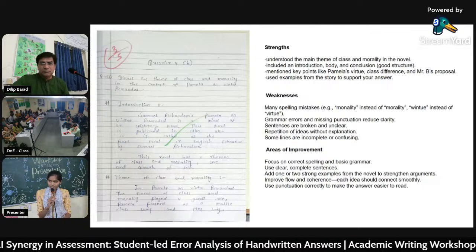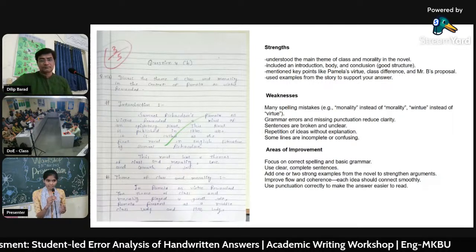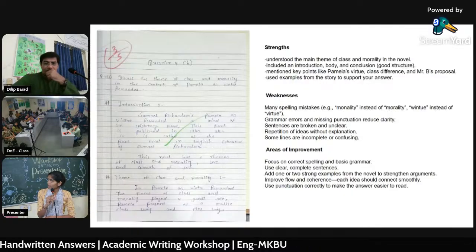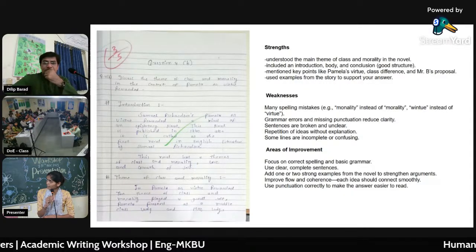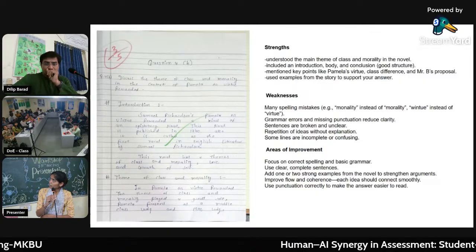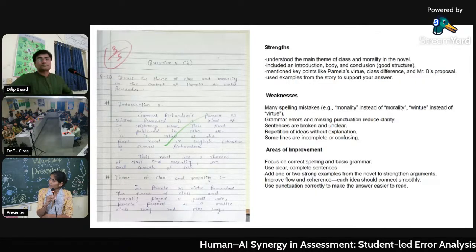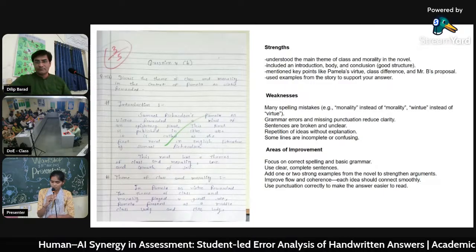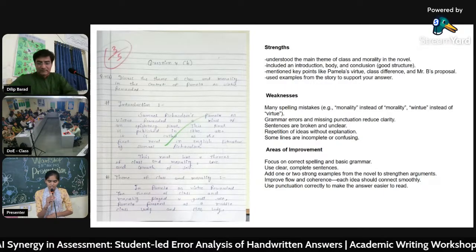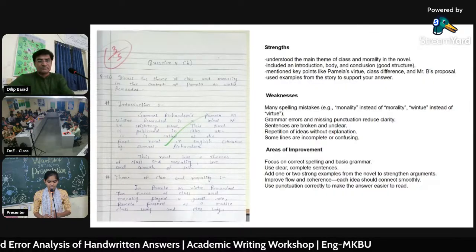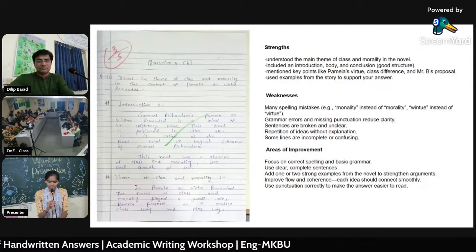So I had made mistakes in many spelling errors and also grammar errors and missing punctuation, and my strength is that I understand the main theme of class and morality and include an introduction, body, and conclusion. So this will help me write more effective answers in my next exam. So thank you, this is from my side.